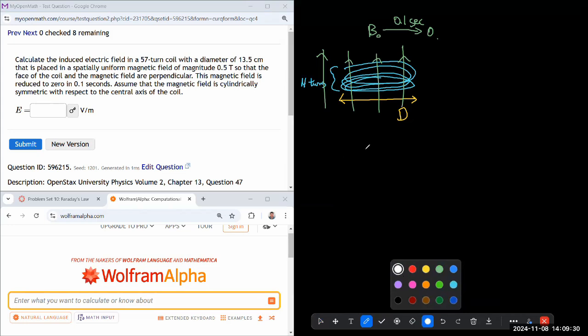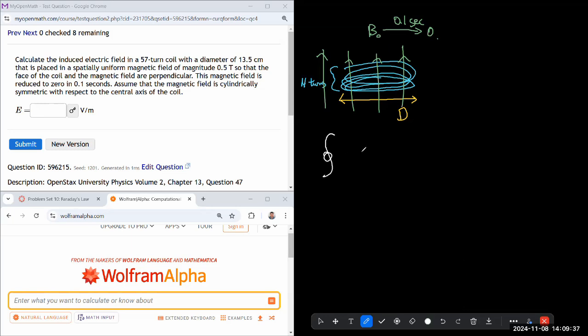Faraday's law says, it looks very similar to Ampere's law. It involves a line integral around a closed loop of a field, this time the electric field, E dot dl. And that's equal to minus the time derivative of, in the form that we stated, the magnetic flux.